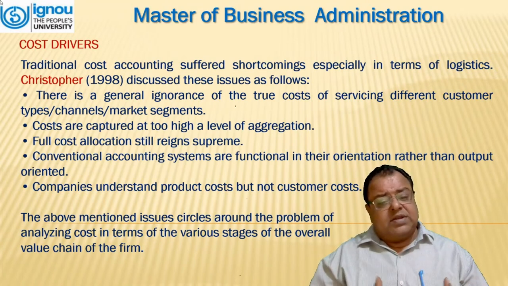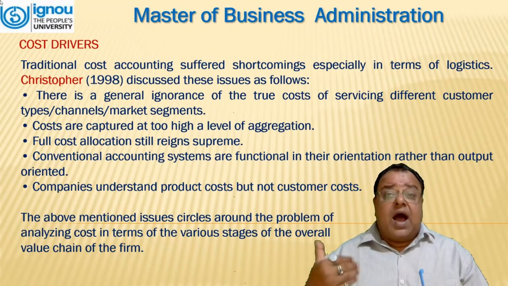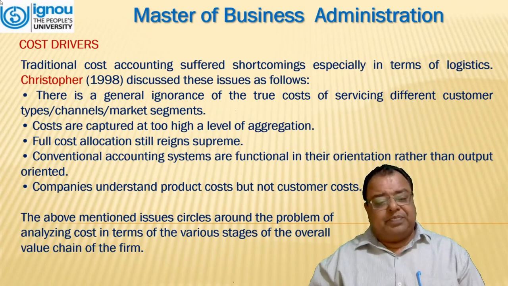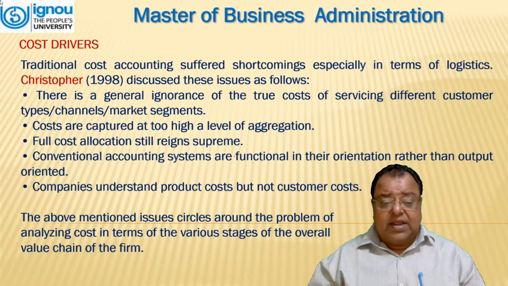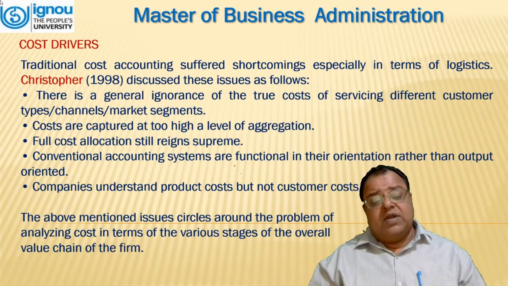Full cost allocation is still very supreme. Conventional accounting systems are functional in their orientation rather than output oriented. And companies understand product cost but not customer cost. The above mentioned issues revolve around the problem of analyzing cost in terms of various stages of the overall value chain of the firm.